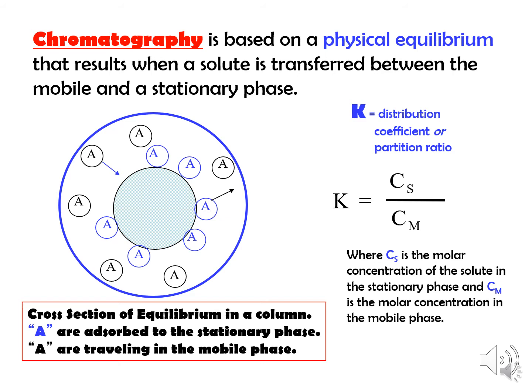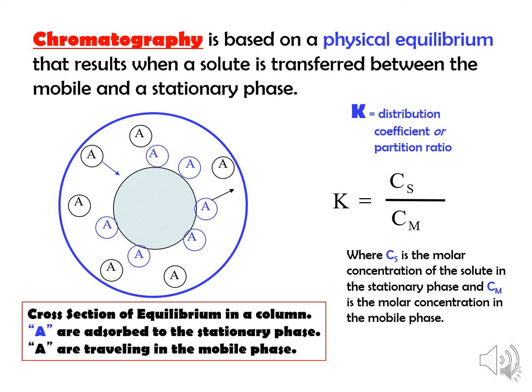And that ratio there is going to be called the distribution coefficient, and every different compound, every different chemical, every different analyte will have its own distribution coefficient depending upon what the stationary phase and what the mobile phase is.